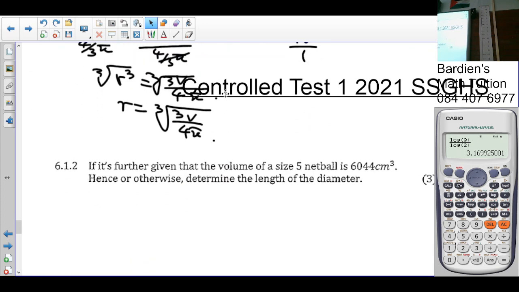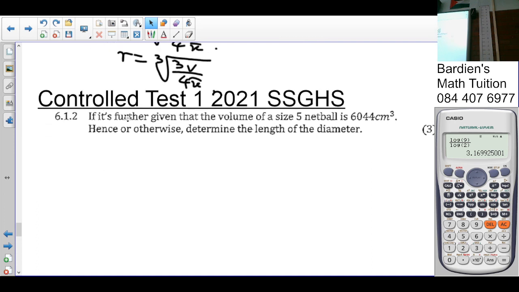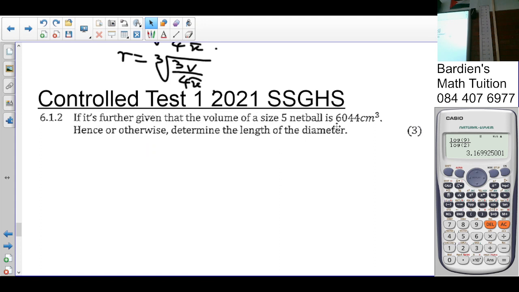We are told if it's further given that the volume of a size 5 netball is 6,044 centimeters cubed. Hence or otherwise, if it says hence, it means to say I must use the previous answer. Not so. Hence or otherwise determine the length of the diameter.